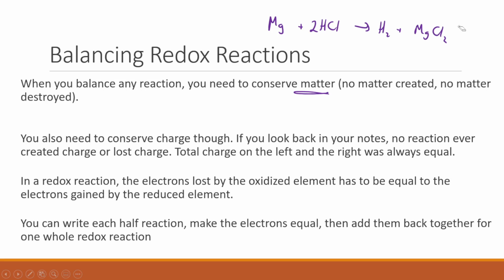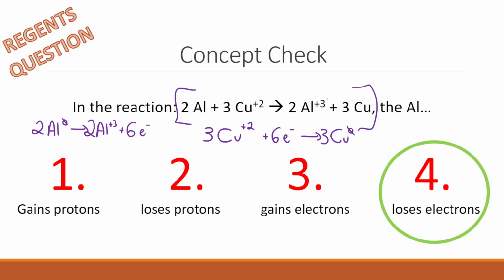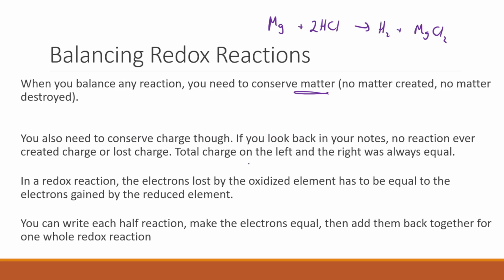But when we start getting into reactions that have naked charges, right? What do you mean by that? When I get a reaction that has a charge that's just kind of hanging out here, I need to make sure that the charge is balanced as well. The electrons that are lost by the thing that gets oxidized must be equal to the electrons gained by the thing that gets reduced.